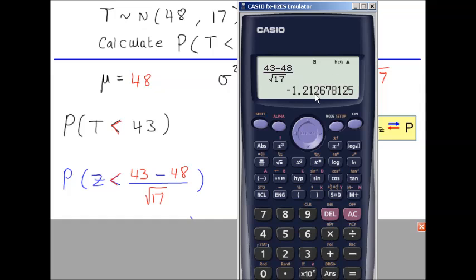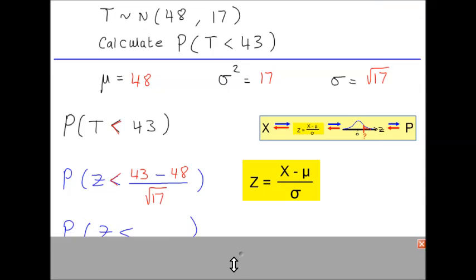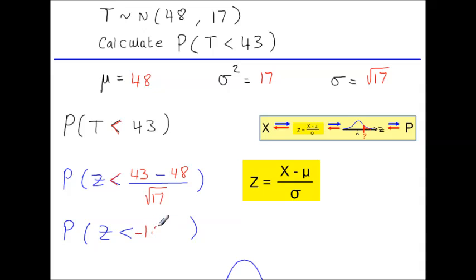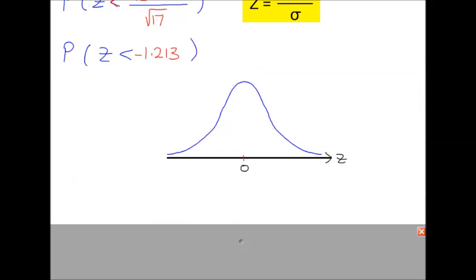And we need to round this to 3 decimal places, so minus 1.213. So now we have a sketch of our standard normal distribution. Minus 1.213 is about here.